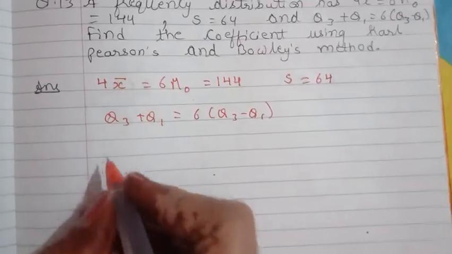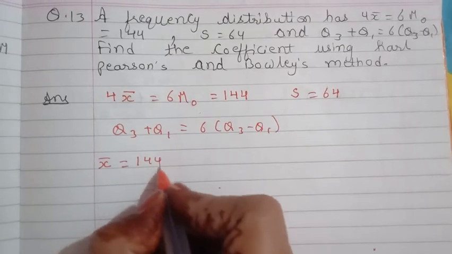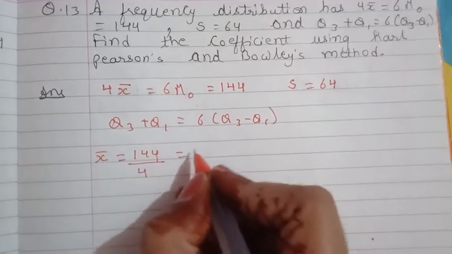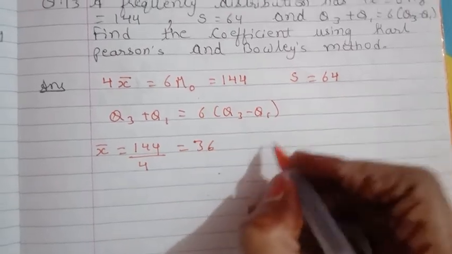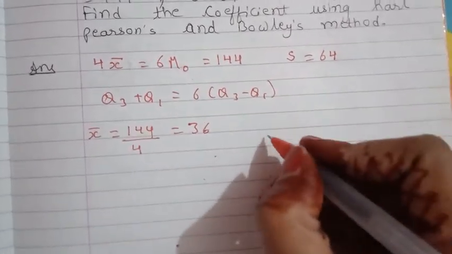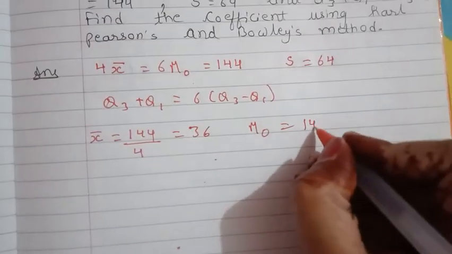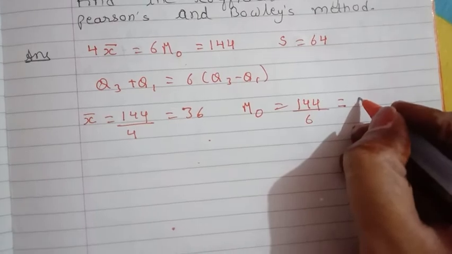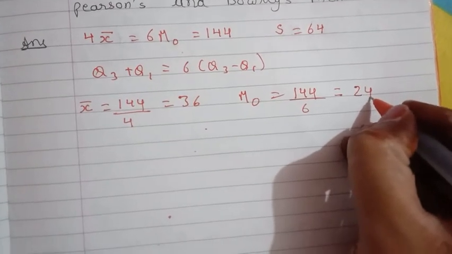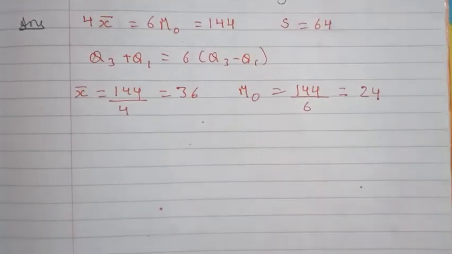First of all, we'll do this calculation. X bar is equal to 144 divided by 4. So it will give us 36, and mode is equal to 144 divided by 6. It will give us the answer 24. So for Karl Pearson's method, we have both the things.